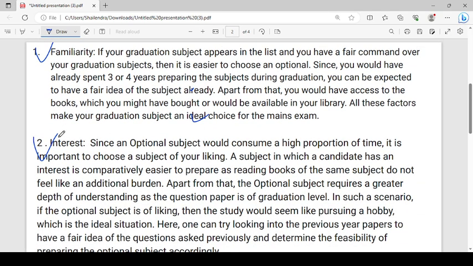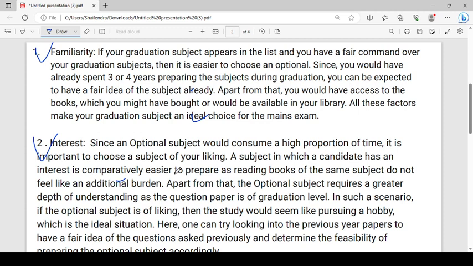Interest, second option. Since an optional subject would consume a high proportion of time, it is important to choose a subject of your liking. A subject in which a candidate has an interest is comparatively easier to prepare, as reading books of the same subject does not feel like an additional burden.